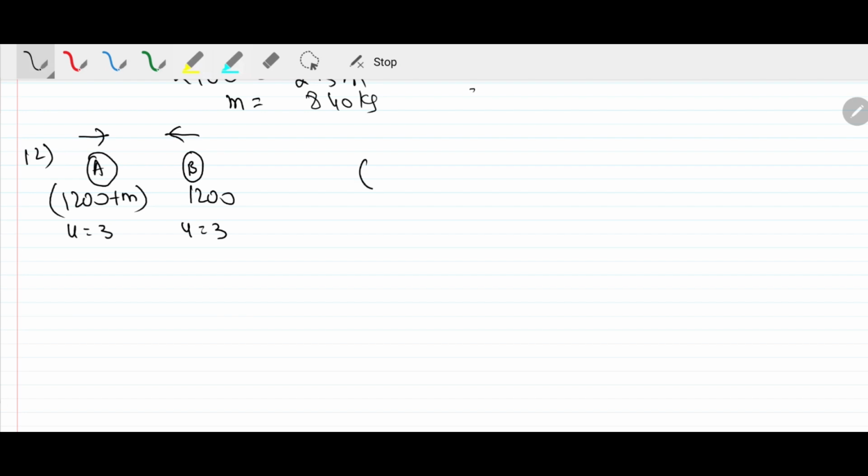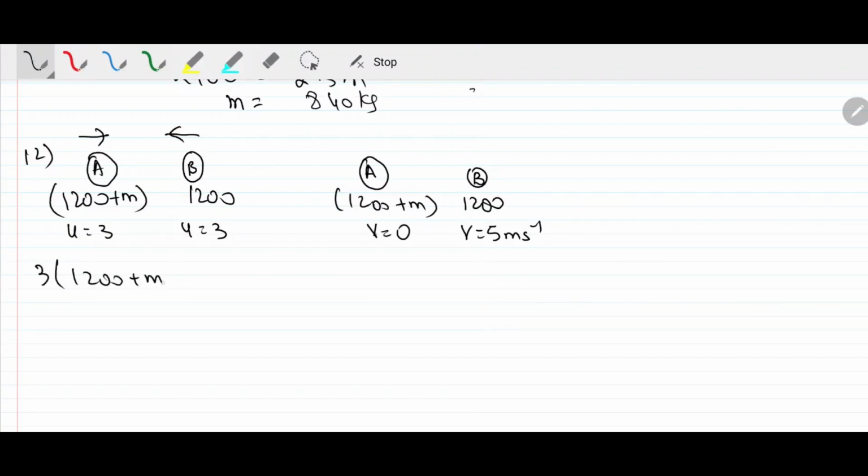So immediately after collision, the loaded wagon is at rest. So A will be at rest, 1200 plus m, final velocity is 0, and B is 1200 but it is traveling with a velocity of 5 meters per second. So we need to find the value of m. This becomes 3 into (1200 plus m) plus minus 3 into 1200 equals 0 plus 5 into 1200.